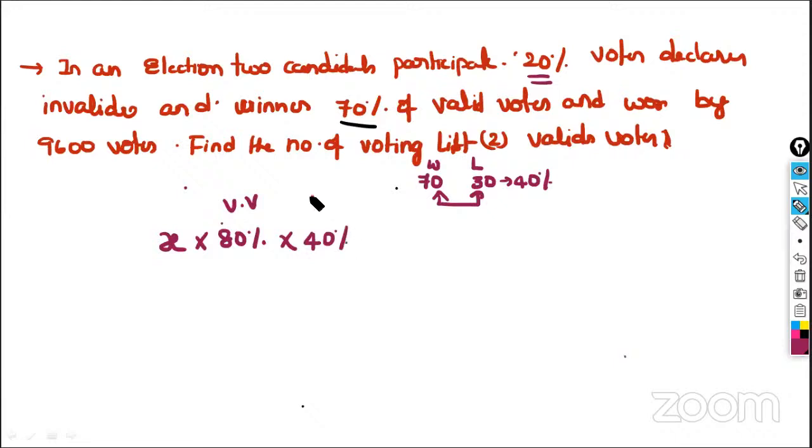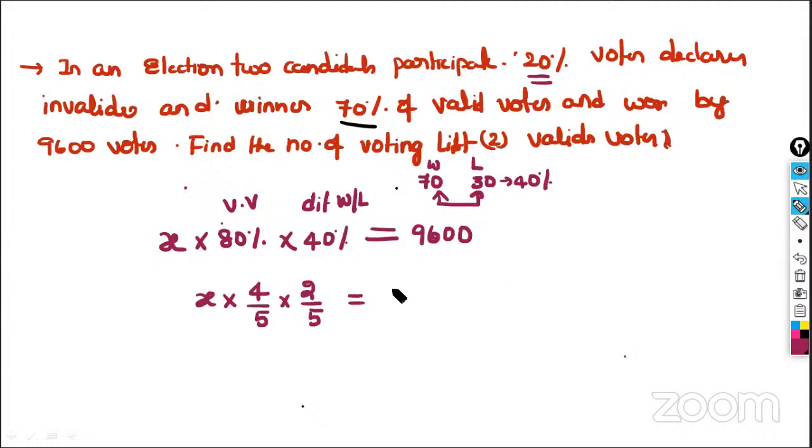This is the difference between winner and loser, equal to how much was given? 9600. I already know the fraction value of 80% is 4/5. So 40% is 2/5, equal to 9600.